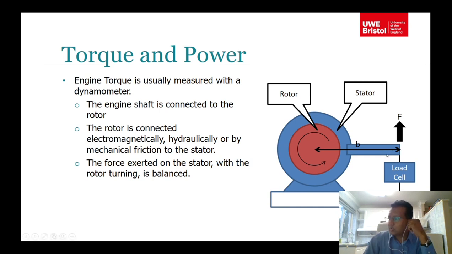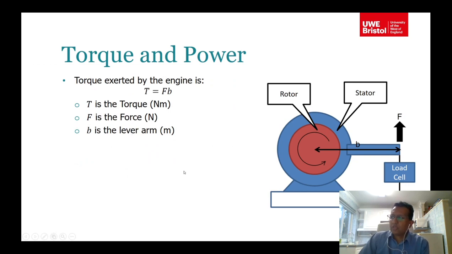This is called the stator. This is called the rotor. The force exerted on the stator with the rotor turning is balanced by the load set. If you write an equation for the torque and the load, the torque exerted by the engine is basically that force times b.